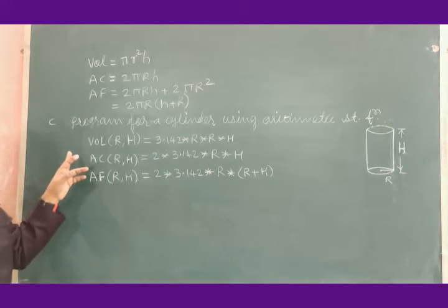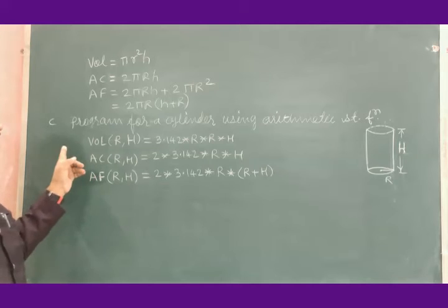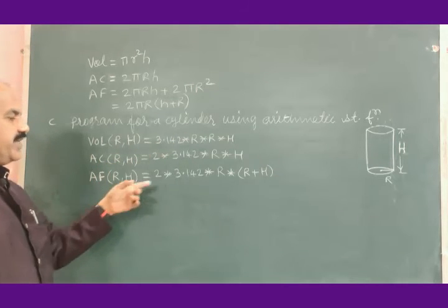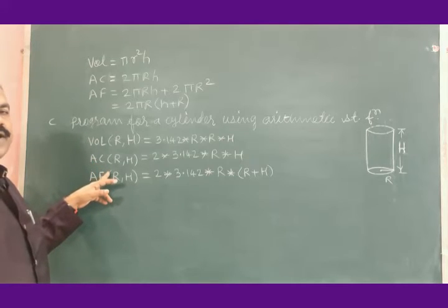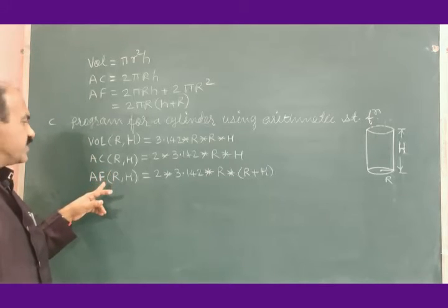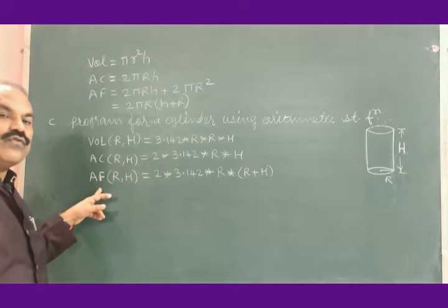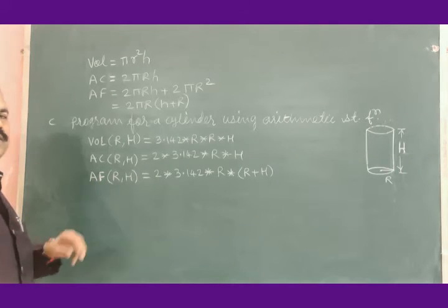So the arithmetic statement functions are written here, here and here for volume, area of only curved surface, area of full surface of the cylinder.